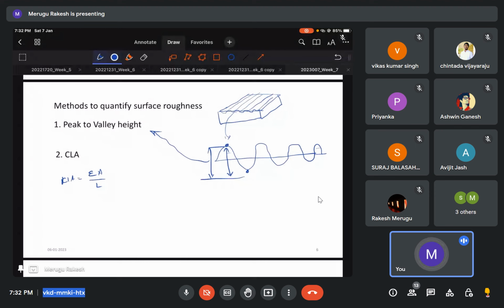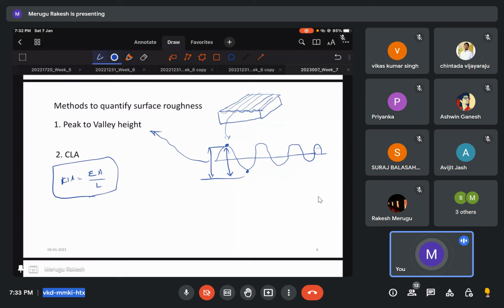So let us fix this: the sum of the area divided by L, because there were a good number of questions based on this formula. Irrespective of any geometry, this is the value, that is the sum of the area divided by length. Or you can even take the peaks and valleys into account also. I will discuss more about this CLA.